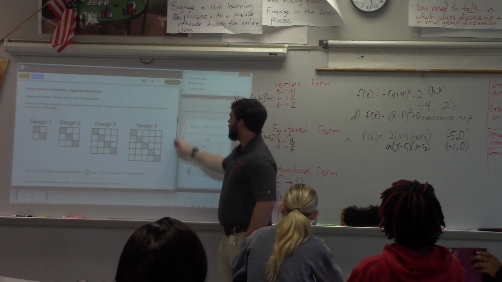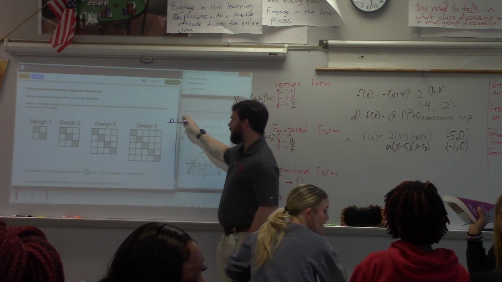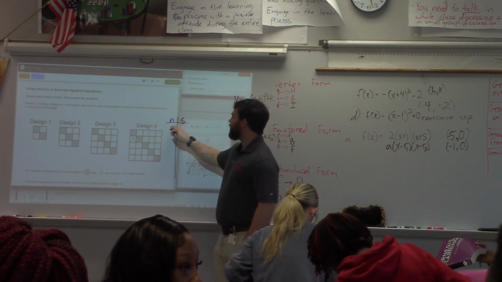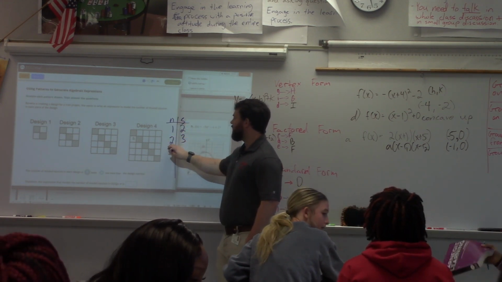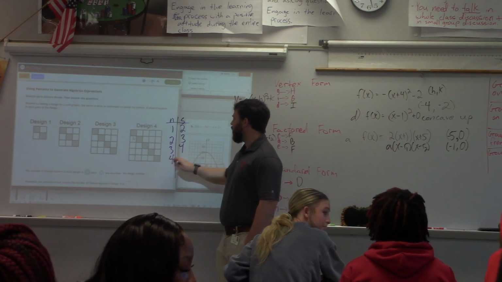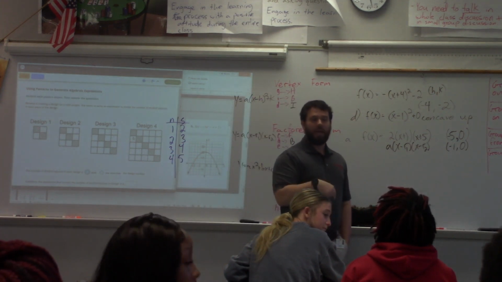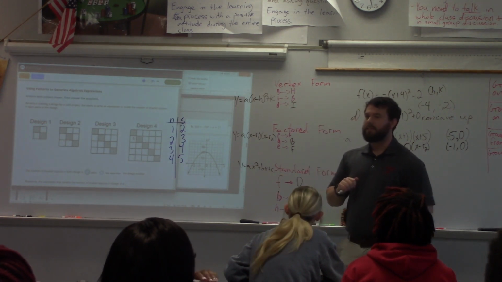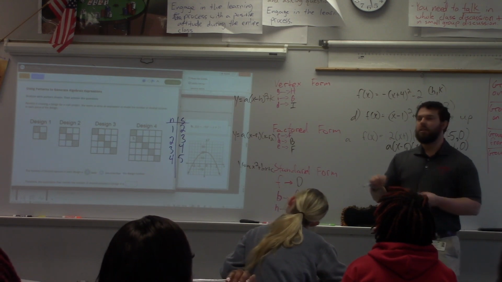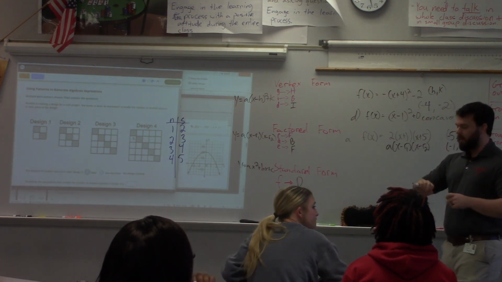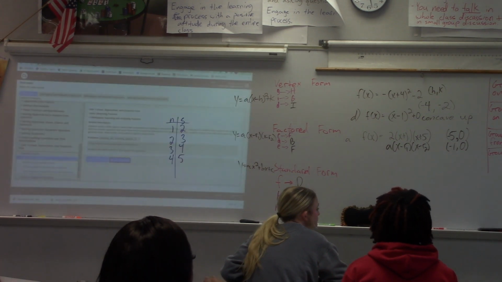We have a design and then we have the number of squares. Design 1 has 2 squares, design 2 has 3, design 3 has 4, design 4 has 5. Is there a pattern there to help us write an equation? Yes. Please pay attention to those patterns to help you write those equations on this page.